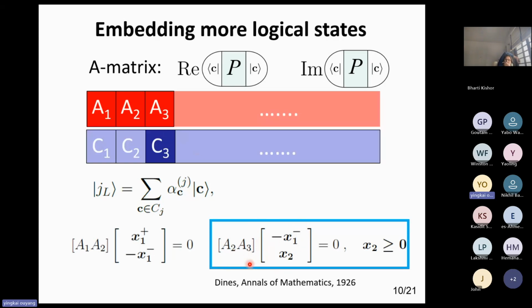Translating this back to error correction, this basically means that the first logical code word and the second logical code word deform equivalently under the errors. So if you want to check that the non-deformation conditions hold for code words 1, 2, and 3, then it suffices to check between code words 2 and 3. And that's why we have this condition over here. However, for the first two logical code words, you've already chosen the support.